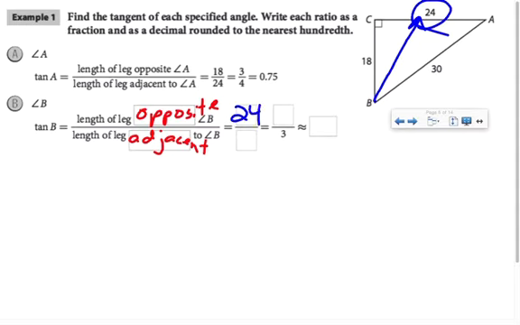So 24 over, what's the leg adjacent to 24? Well, 30 is the hypotenuse, so that's not it, so it must be 18. And 24 over 18 reduces to 4 over 3, which is approximately 1.3. If you want to be exact, you can write 1.3 repeating.